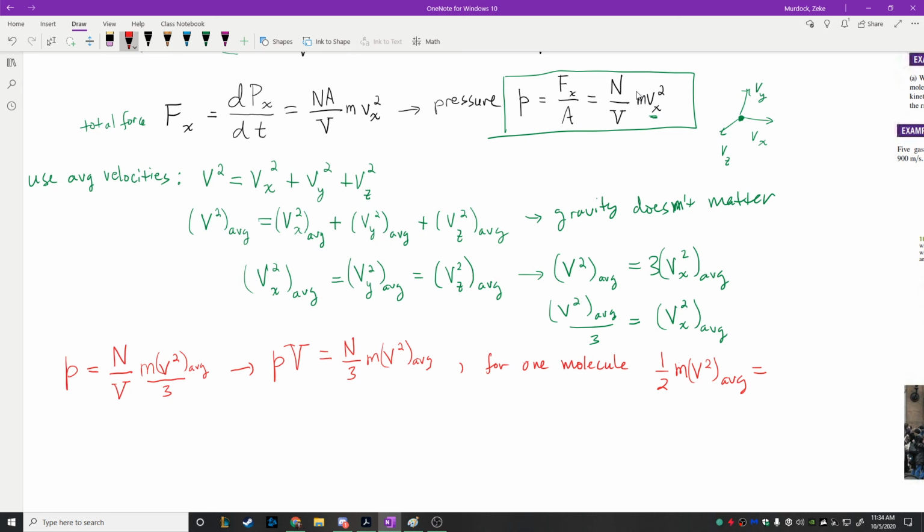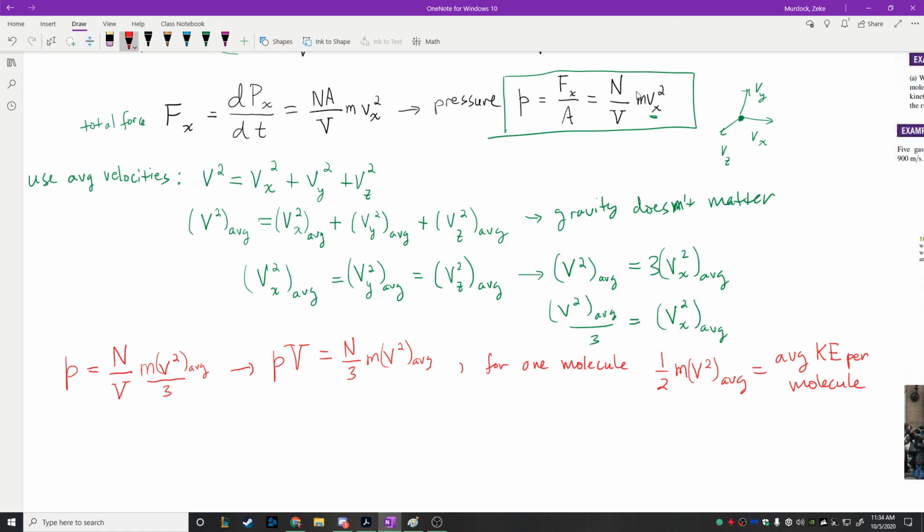Does that make sense? This is the average kinetic energy per molecule. You could say it's the kinetic energy of a single molecule effectively, but it's the average, right? Because some of them are going to be fast, some are going to be slow, but this gives us the average kinetic energy per molecule right here.